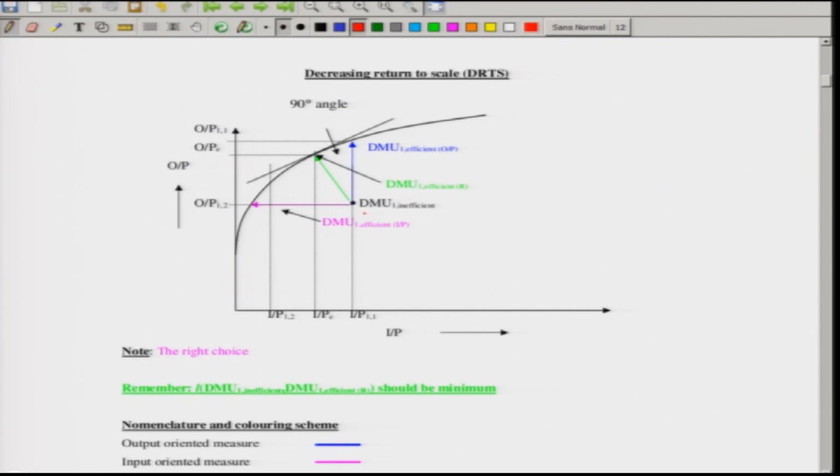Another way this inefficient DMU can be made efficient is to move diagonally such that it reaches that curve which was there. So, why is the curve decreasing? The decreasing returns to scale concept means that as you keep increasing the input, the output increases, but the rate of change of the output starts decreasing.